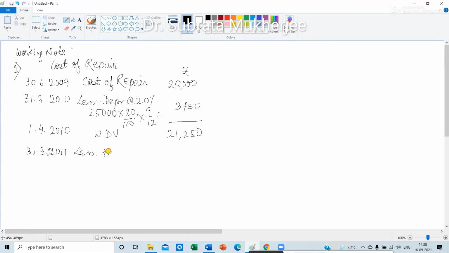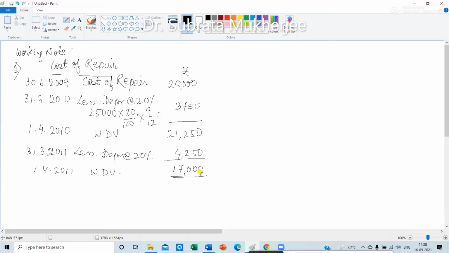Now on 31st March 2011, depreciation you need to charge at the rate 20%. So 20% on 21,250 is 4,250. So depreciation is charged on written down balance method. So on 1st April 2011, the written down value of cost of repair that was wrongly capitalized was rupees 17,000.